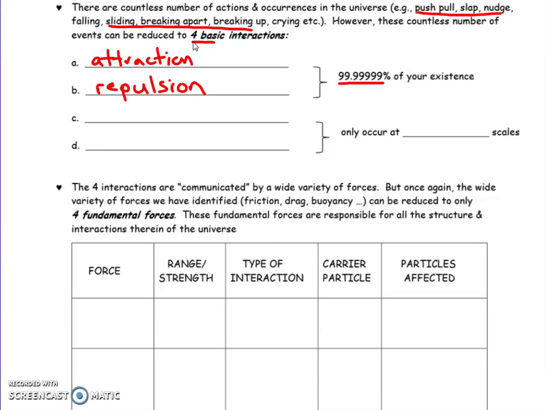Okay, so while it might not be obvious why it is, what might grab you is, well, what on earth are the other two interactions that barely occur in our lives? Well, let me talk about those. They are at the nuclear level, and they are decays. And I don't mean like a decomposing apple or a dead hamster that decomposes when you bury it in the ground when you're a little kid. We're talking a decay like a radioactive decay, or decay of a muon, where it changes into another particle.